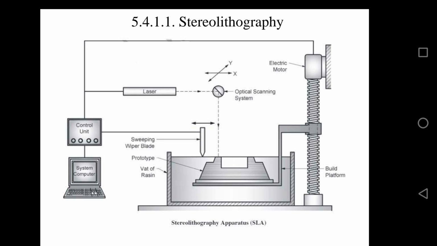The first one is that parts are built from curable liquid resin. We are using the initial material in the form of liquid, that's why we are using liquid resin. The layer of this curable liquid resin, which is a thermosetting plastic, is exposed to a laser beam, due to which it cures and solidifies itself. So this is the first principle.